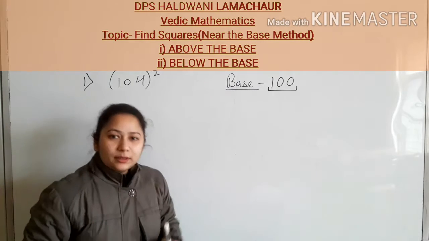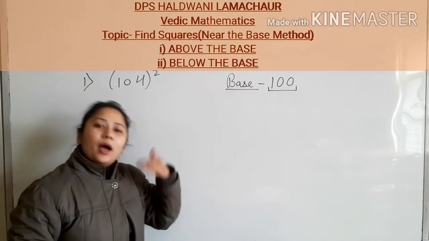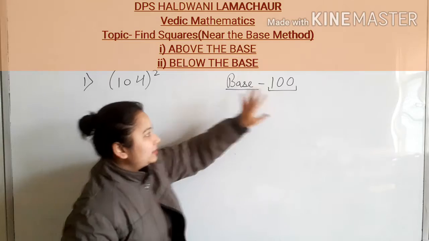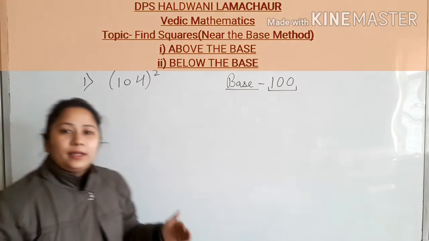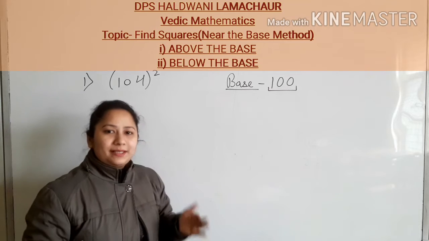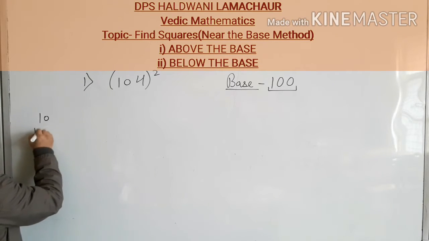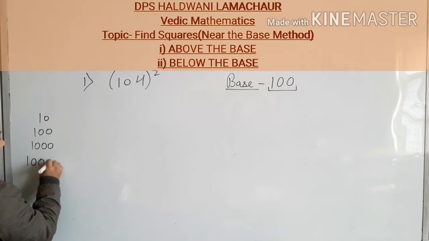This is a method to take the base for the numbers which are above the base. Like it is 104 square. So your base, see it's a 3-digit number. So 3. Or you can take the base directly also by seeing the number. Like you will always take the base 10, 100, 1000, 10,000.